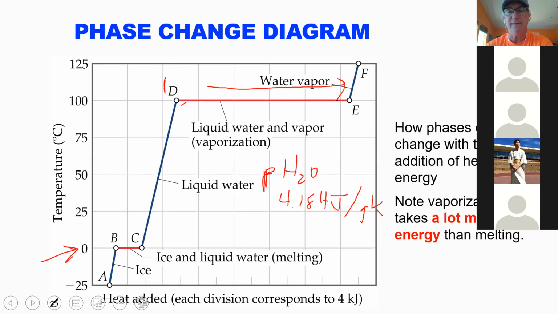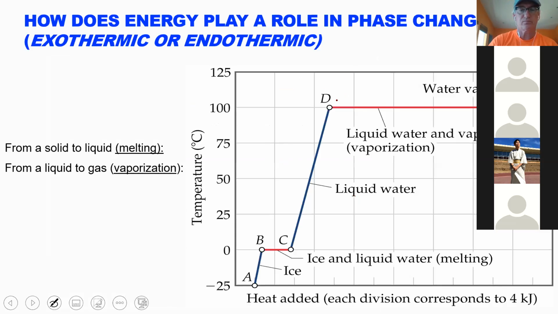And from D to E, temperature doesn't change because it's going from liquid to a vapor. And so what's happening there, we call those phase changes. So from a solid to a liquid is melting. From a liquid to a gas is vaporization.